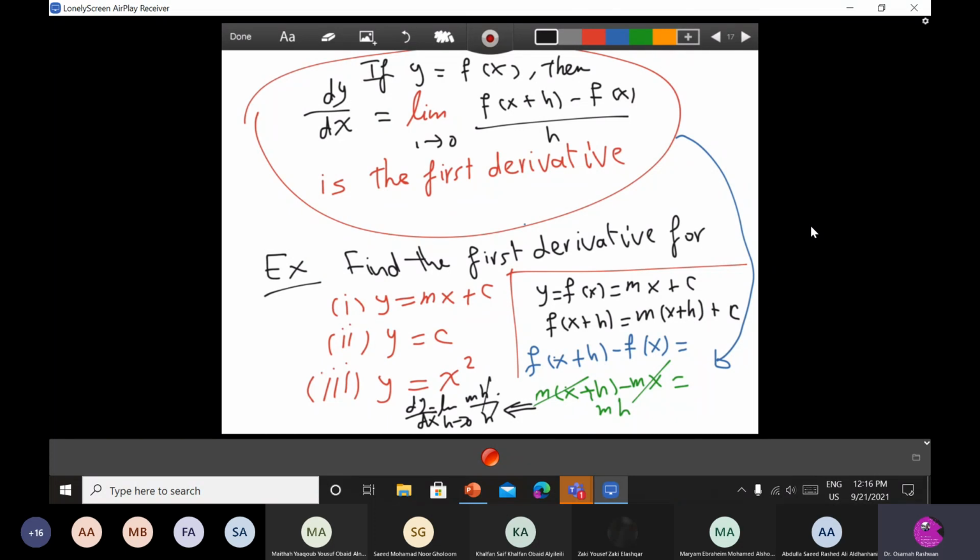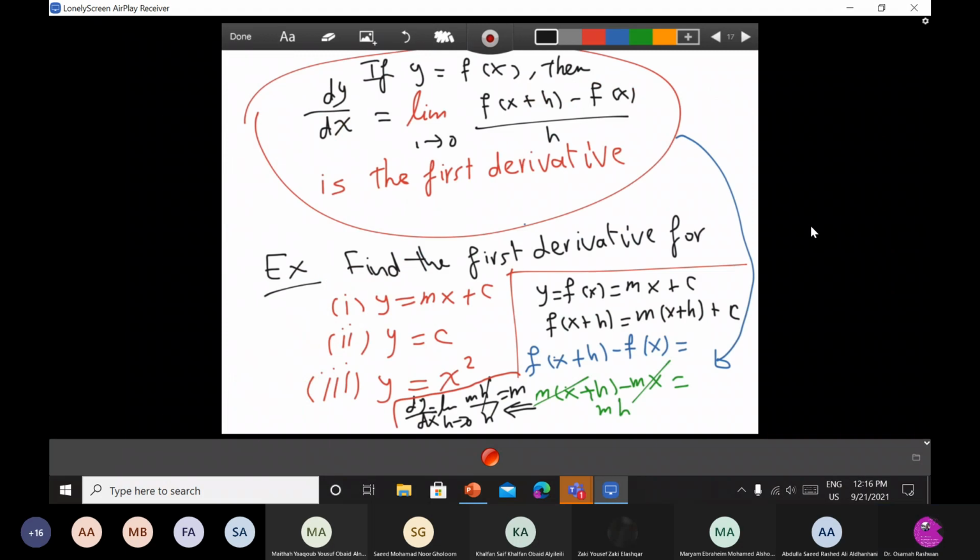So this h with h, you end up with m. This is the first derivative for y equal to mx. So my note is d by dx for mx plus b equals m. Fine.